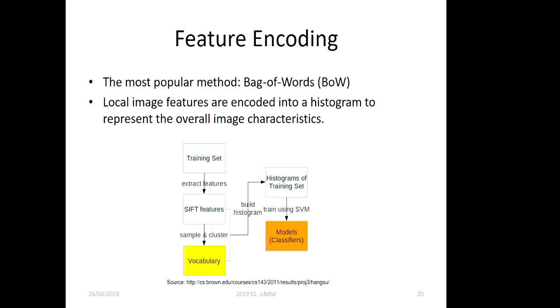We then use that bag-of-words feature as the input data to the machine learning model, for example, the most commonly used one is SVM. You can train an SVM to do classification of these images, and then the rest is the same as the handwritten digit recognition.